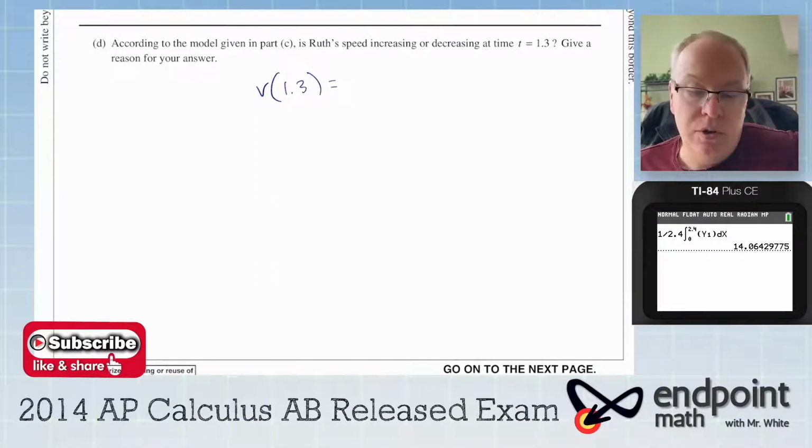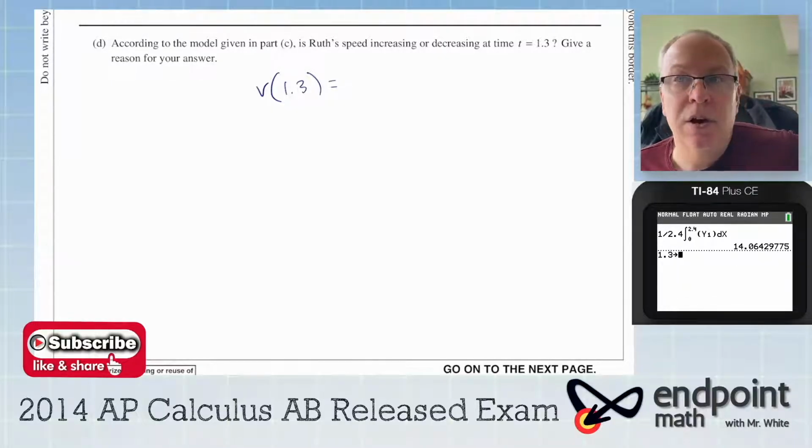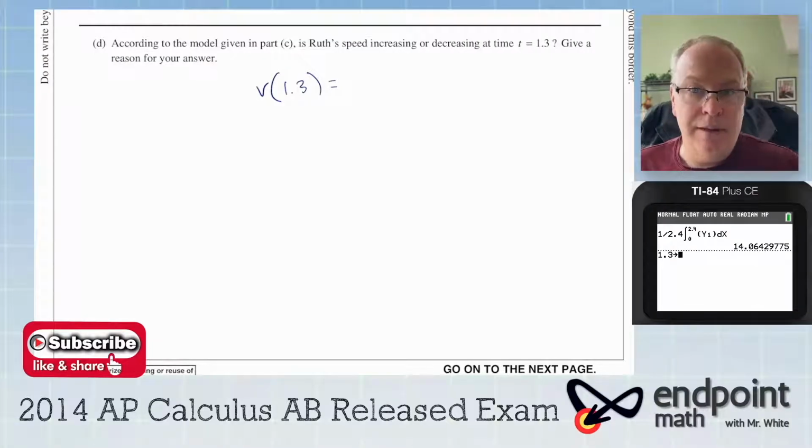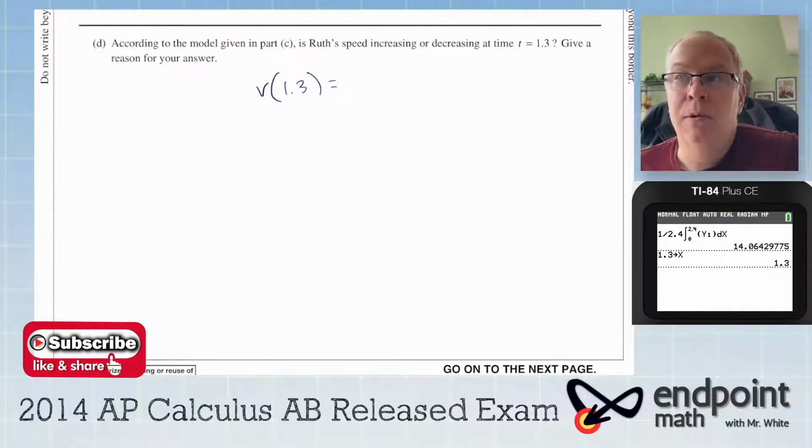So here's how you do that. You do 1.3 and then you use that STO with the little arrow. I think about it as like shooting the number into the variable here. We're going to shoot the number 1.3 into the variable x, and it'll say, okay, I did that. Now I'm going to use the y variable.